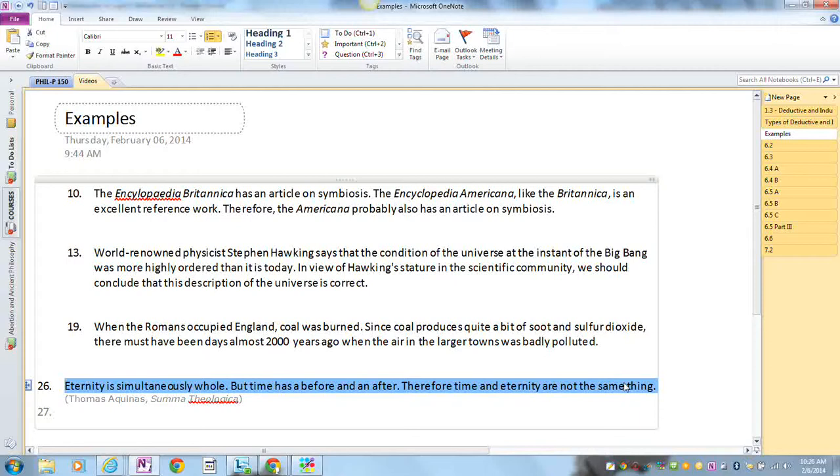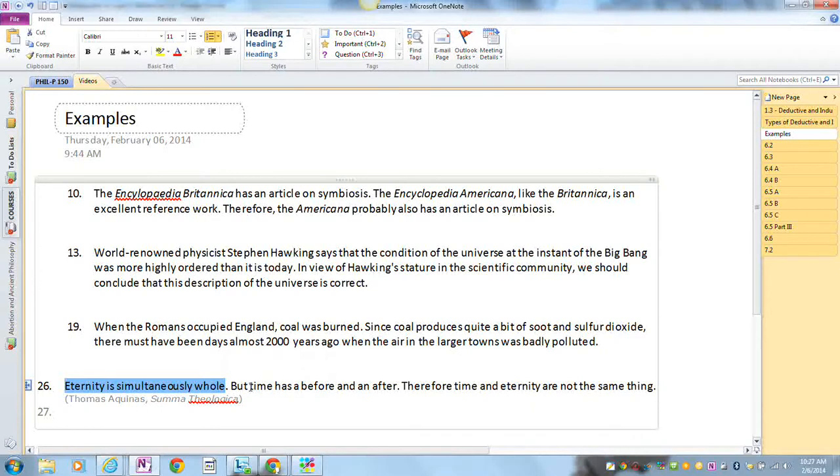Therefore, time and eternity are not the same thing. So this is really reasoning about identity. If two things are identical with each other, two things are the same thing, then they share all their properties, all their characteristics. But if you find that one thing, eternity, has a certain property, it's simultaneously whole, there's no before and after in eternity.